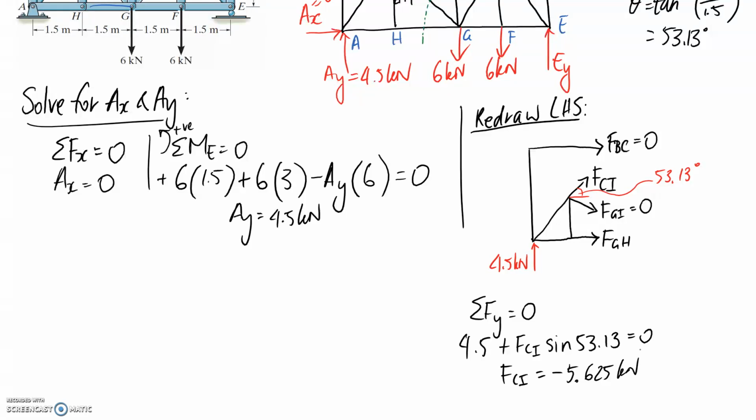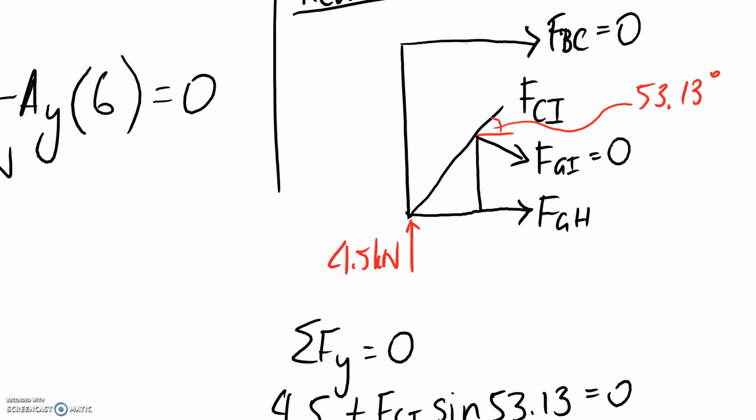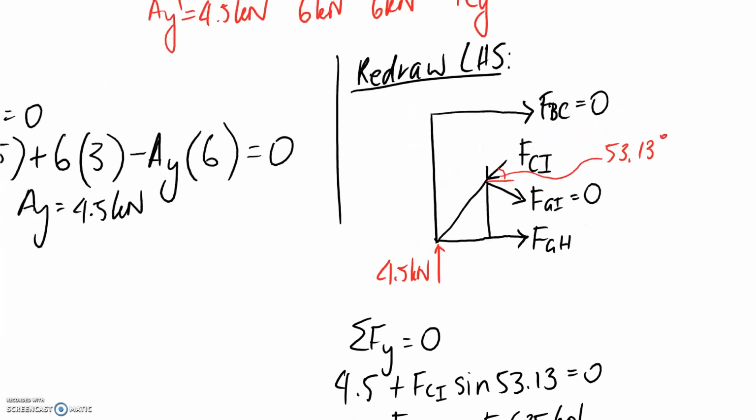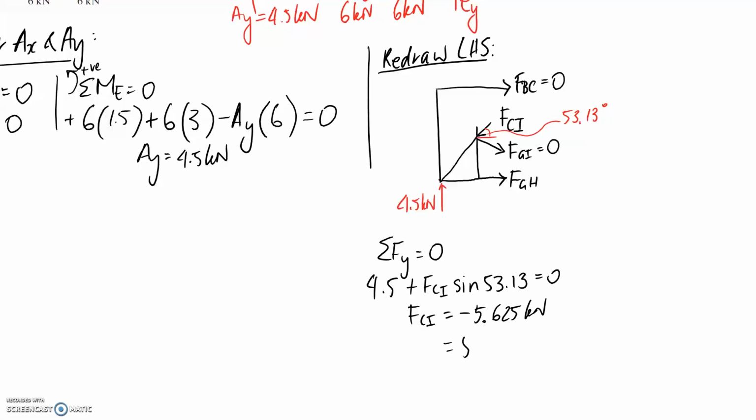So if it's negative, that means it's going back the other way. So let's fix this up, it's going to be back this way and pushing onto the joint. So that's going to mean that it's 5.625 kilonewtons, but it's going to be in compression.